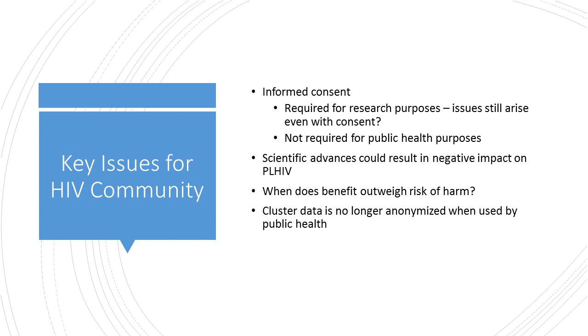And then cluster data, which is the way that this science is used to show that there are linked transmissions or transmissions that have similar characteristics at the public health level, is no longer anonymized. There could be names associated with that, and in the beginning we were told there's no names associated with it.